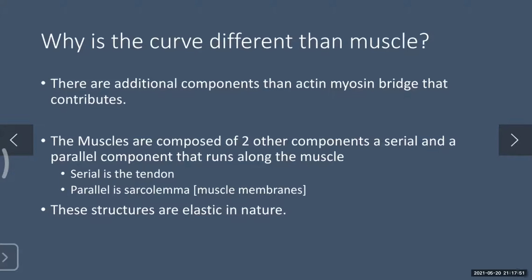Both of these structures have a lot of elastic fibers, and they are basically elastic in nature. So what do you think will happen when a substance is elastic in nature?